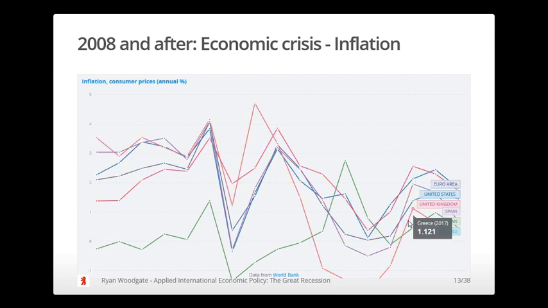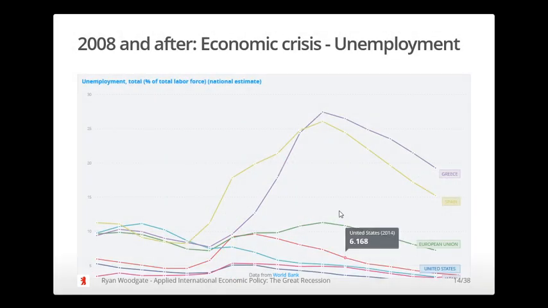So all of these destabilizing properties. What's interesting with inflation is that we see in the European economies in particular, there is this sort of second dip that comes around 2015. And we're going to go into the causes behind that in time.